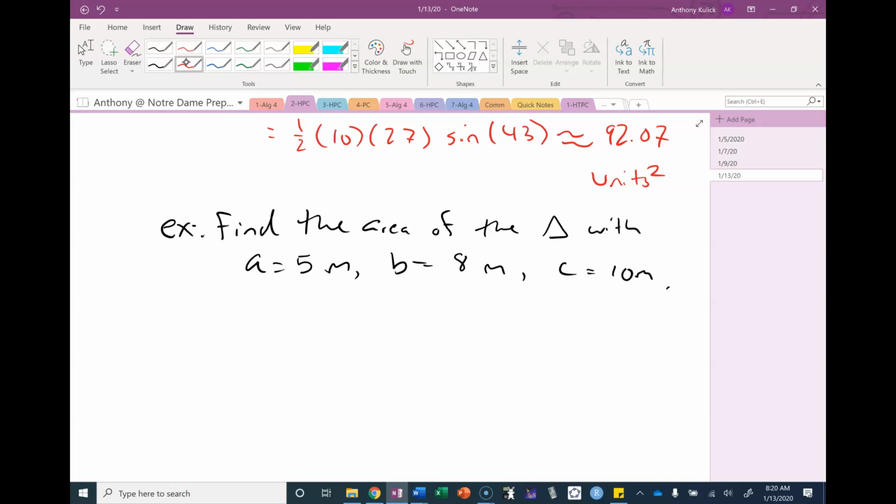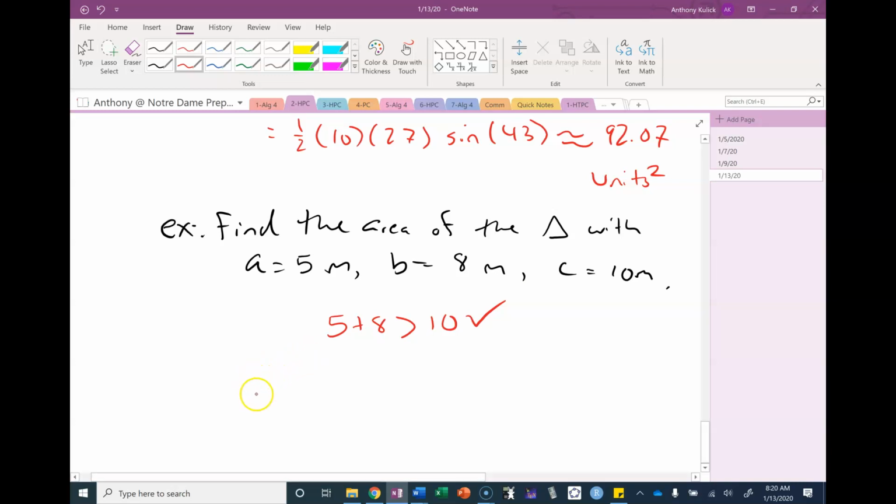We want to make sure this is actually a triangle, because if it's not a triangle, then obviously this is a stupid question and we won't want to answer it. Does this represent a triangle? Yes. Yep, which is what we need to have happen. The sum of the legs must be greater than the hypotenuse. So that's good.